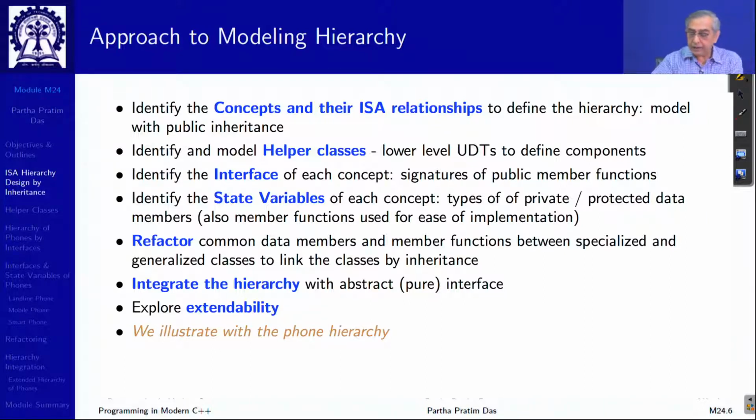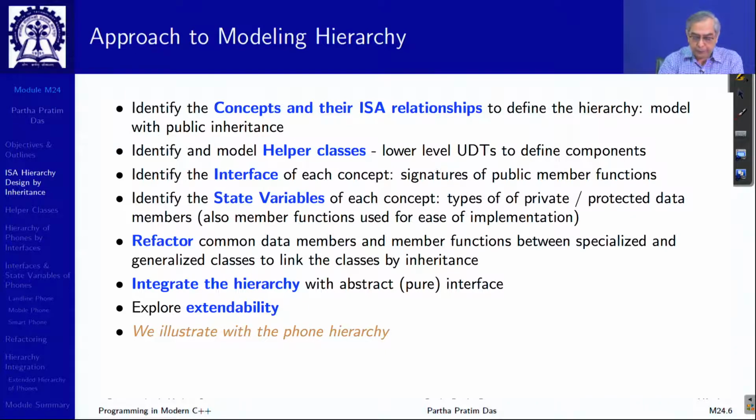So, having done this, you will now have the original ISA relationships, and you have the concepts modeled in terms of tiny or maybe not so tiny classes. So, now you will have to link them by inheritance. These individual concepts will now have to be interrelated with the ISA relationship by providing the public inheritance mechanism that C++ has given.